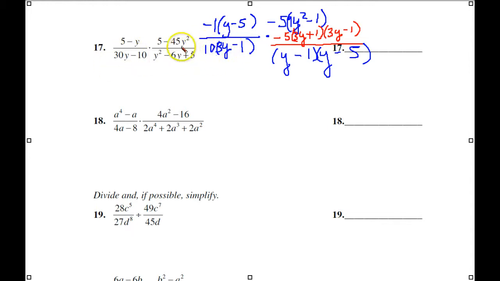Now up here, again, the y, I like to see a positive y. So I'm going to factor out of this a -5. And then I'm going to reverse these, as I showed you in an earlier lesson, that this then becomes 9y squared minus 1 when these are switched around.